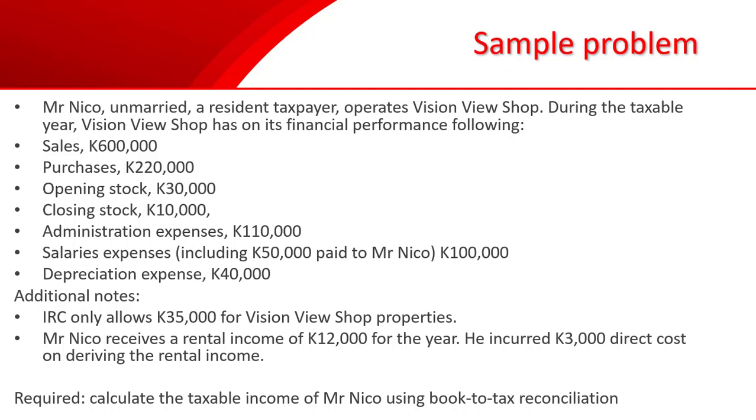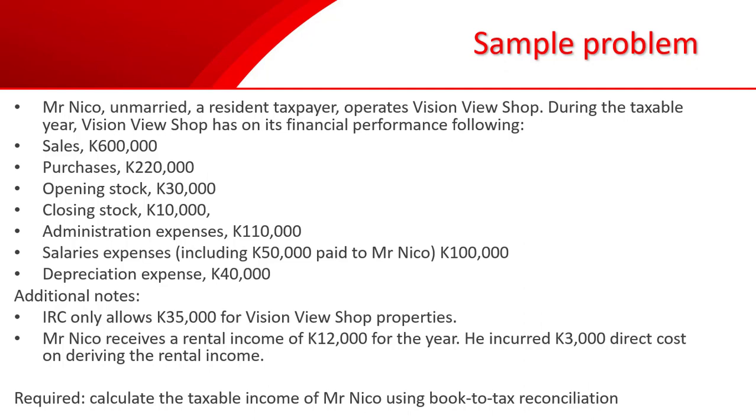We have sales of 600,000 kina, purchases of 220,000 kina, opening stock or opening inventory of 30,000 kina, closing stock of 10,000 kina, administration expenses of 110,000 kina, salaries expenses of 100,000 kina, which includes 50,000 salary for Mr. Nico, the owner, and depreciation expense of 40,000 kina.